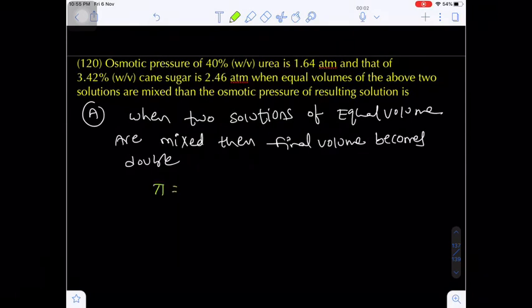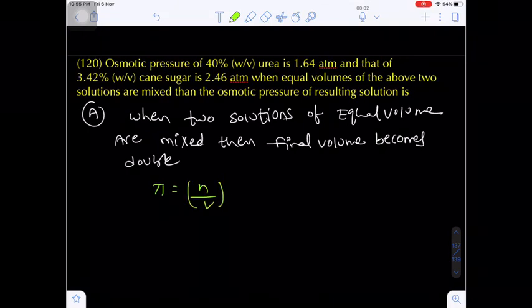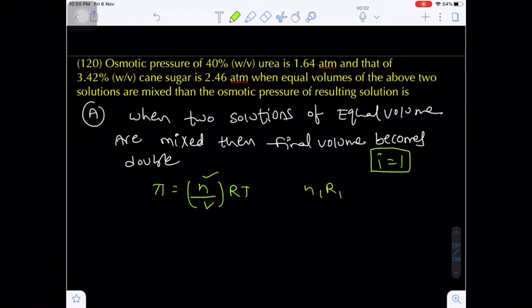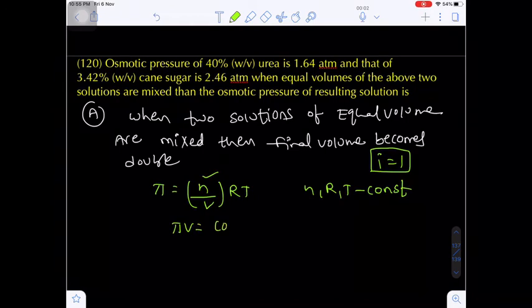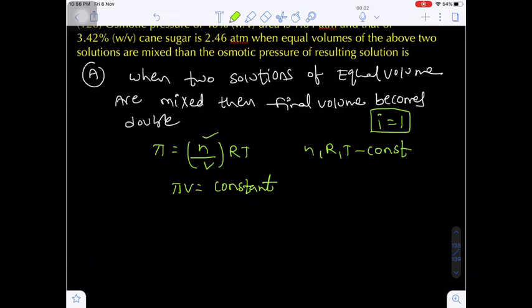Pi is equal to C into RT or n by V into RT. Yes or no? Here I am not taking the Van't Hoff factor because both have Van't Hoff factor unity. Now you see, number of moles constant, R value constant, T value also constant. Now shall I write pi into V is equal to constant? Pi into V is equal to constant.